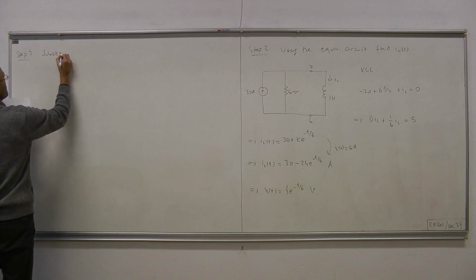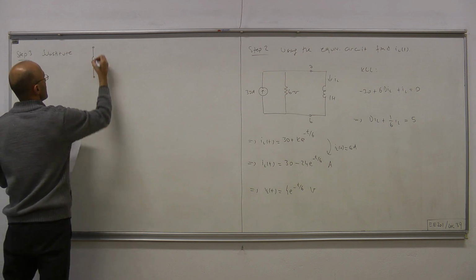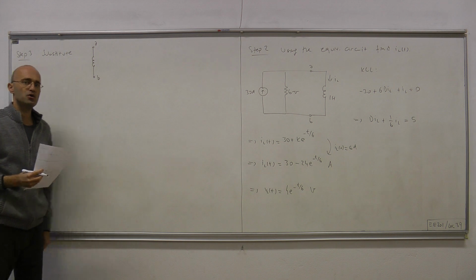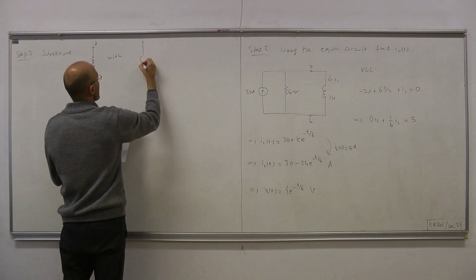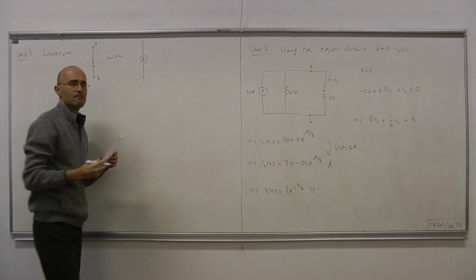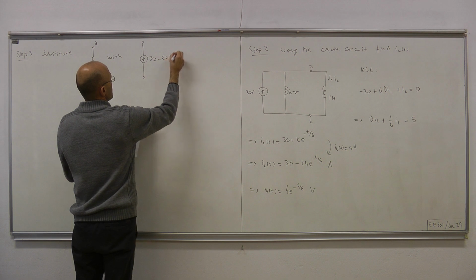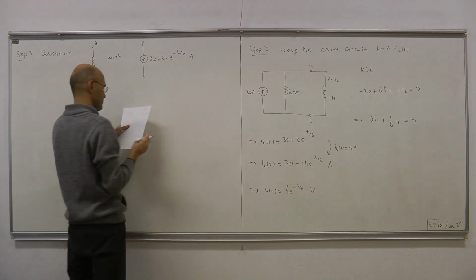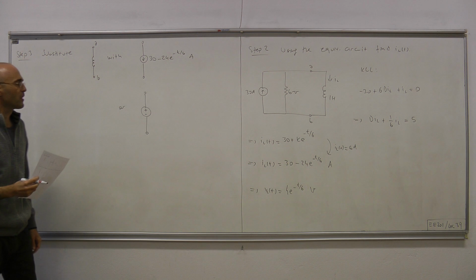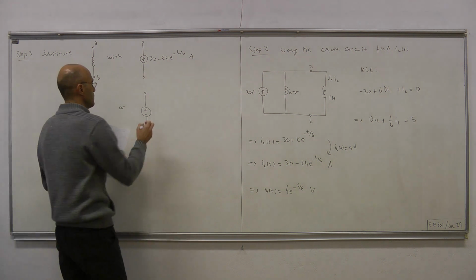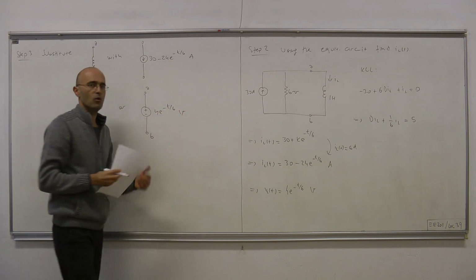Now, by the substitution theorem, we can replace the inductor that appears between nodes A and B either with the current source, which provides the current of the inductor, (30 minus 24) e to the minus t over 6 amps, or a voltage source, which provides the voltage of the inductor, which is 4 e to the minus t over 6 volts.